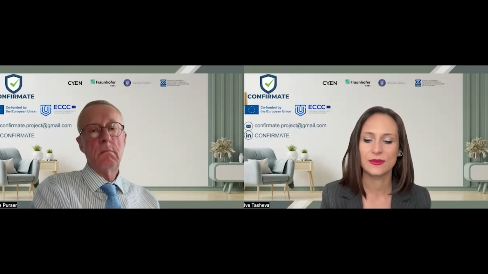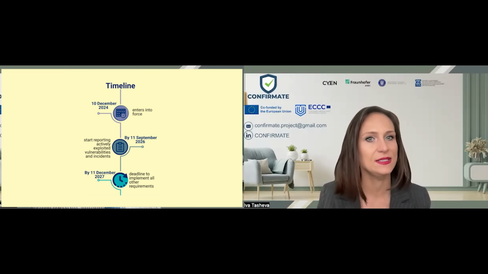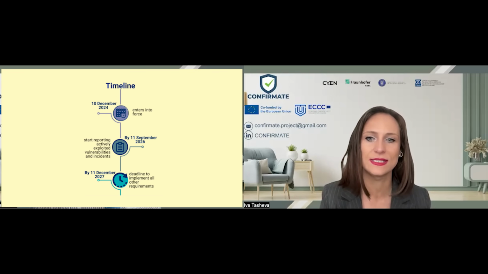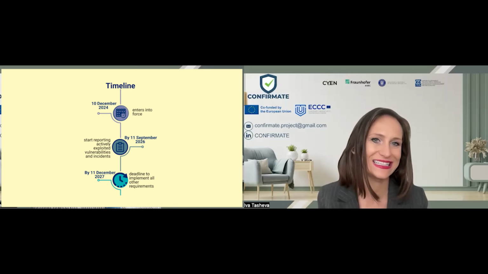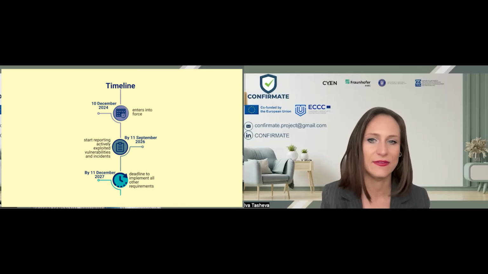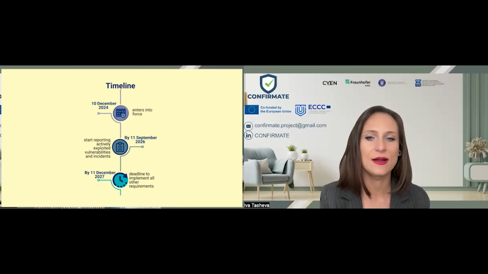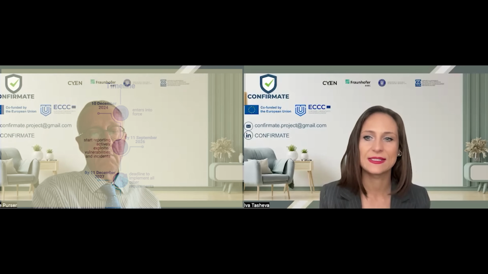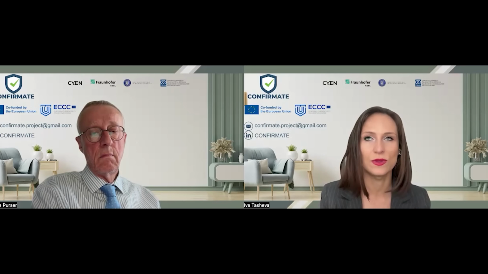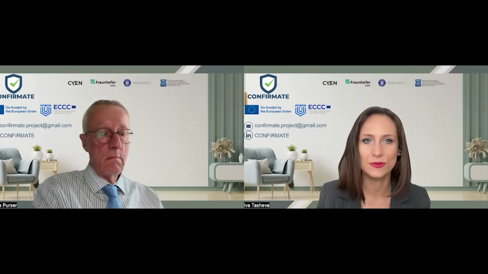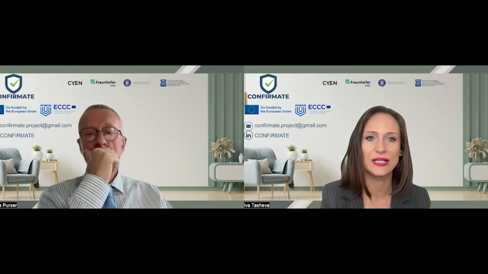There is a timeline for implementing the requirements of the Act, starting with the obligation to report actively exploited vulnerabilities and significant incidents, which is by 11th of September 2026, with a little bit more time, just over a year after, to then have all essential cybersecurity requirements apply by 11 December 2027.